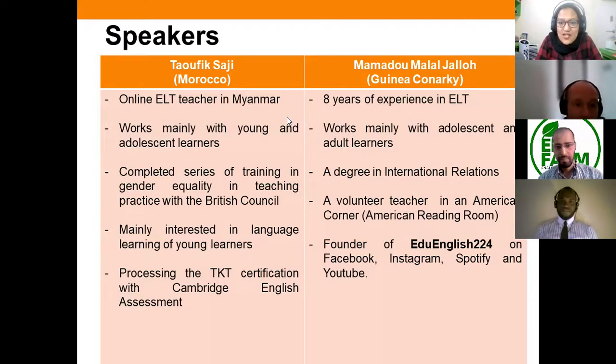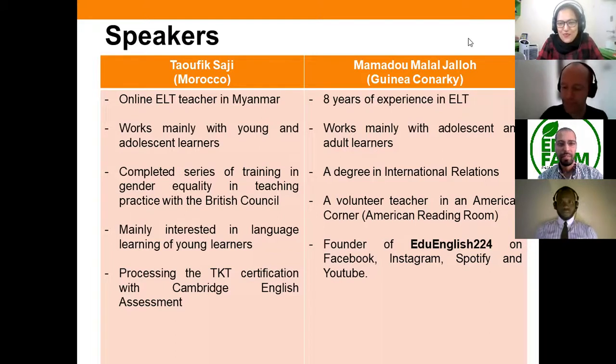He has a degree in international relations, and he's a volunteer teacher in an American corner called American Reading Room. And he is the founder of a program called Ido English 224, featured on Facebook, Instagram, Spotify, and YouTube. You have to make sure that you join this program with him.